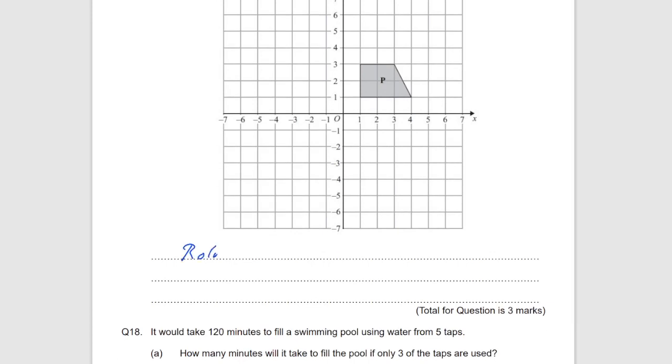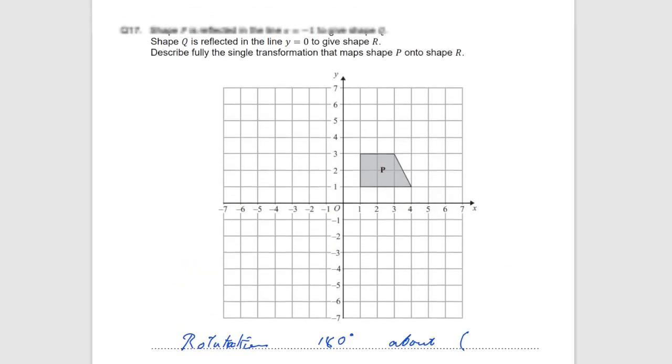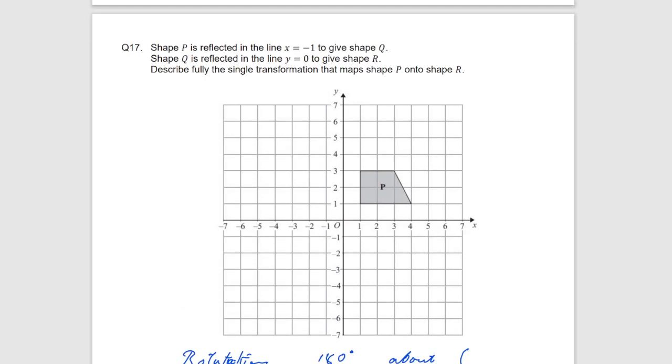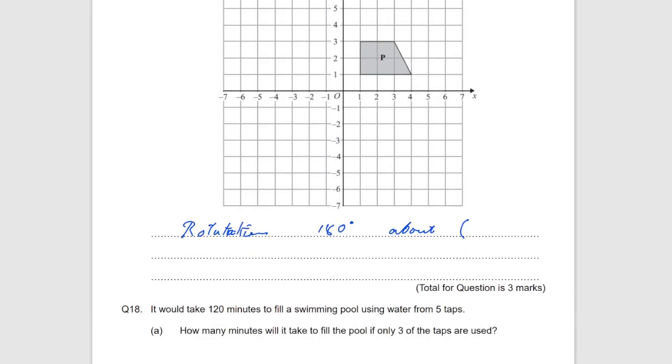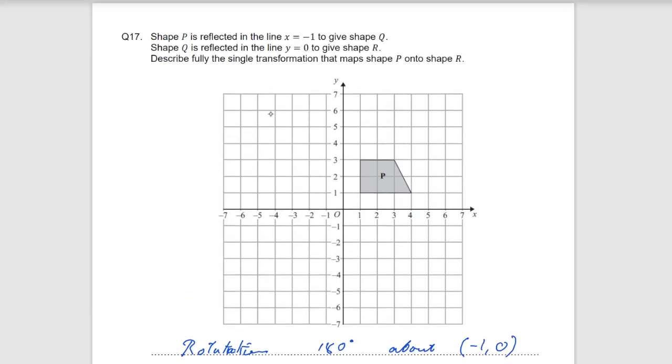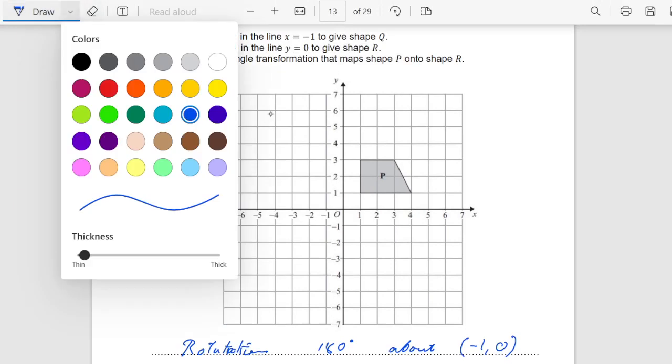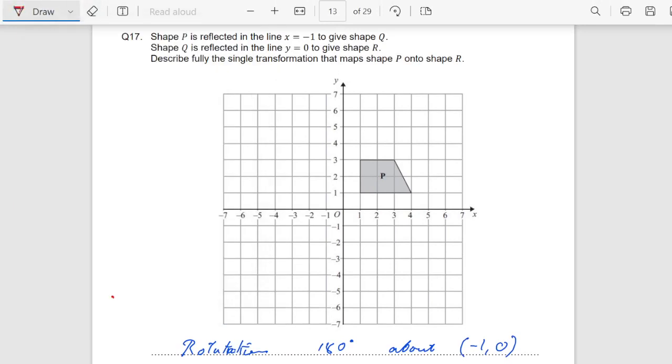So that's going to be a rotation of 180 degrees about the point. If we think about where the two lines would intersect, they would intersect at -1, 0. There's nothing wrong with jumping straight to that. If you wanted to do it by showing the two transformations, that's absolutely fine too. Reflected in the line x is equal to -1, so the line x is equal to -1 would be that line there.